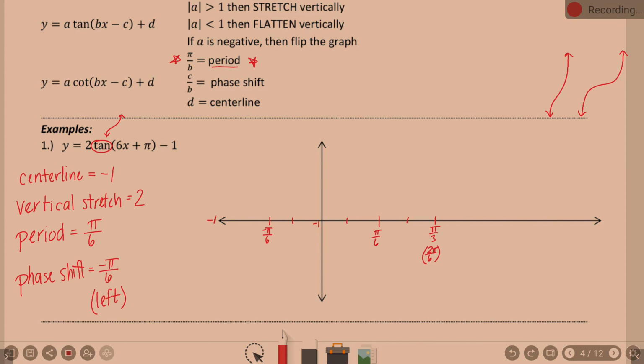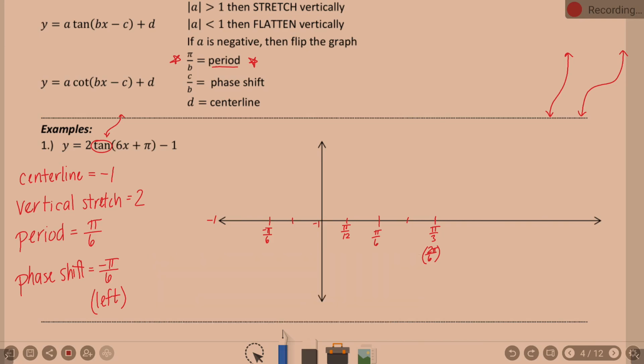What's the middle of 0 and pi over 6? A half of a sixth, right? 2 times 6 is 12. So for the record, that would be pi over 12. I'm not going to say you have to label all your pi over 12s. Okay? I'm just trying to get some good fraction practice in here too, I guess. Okay.